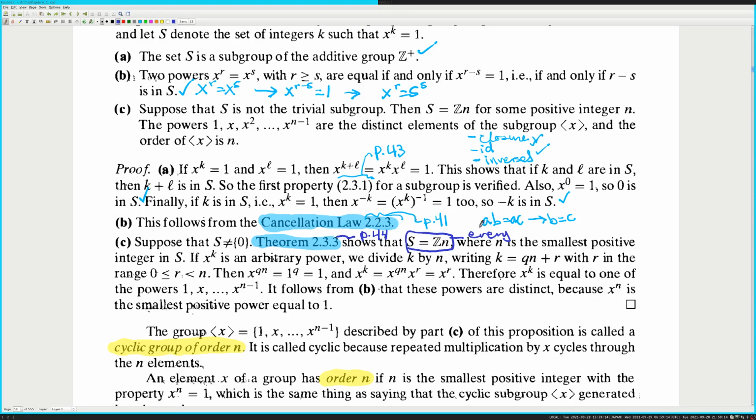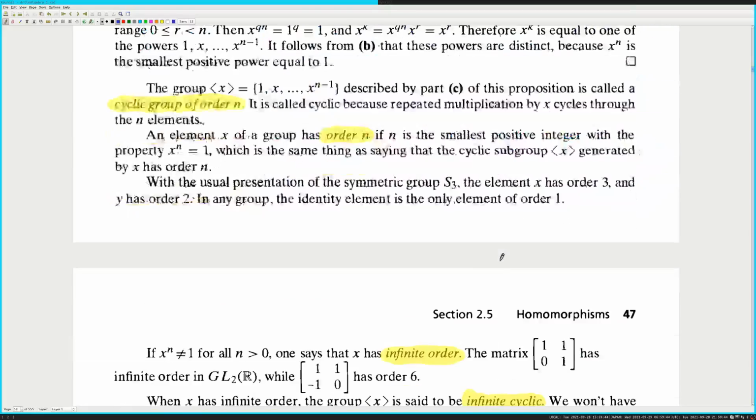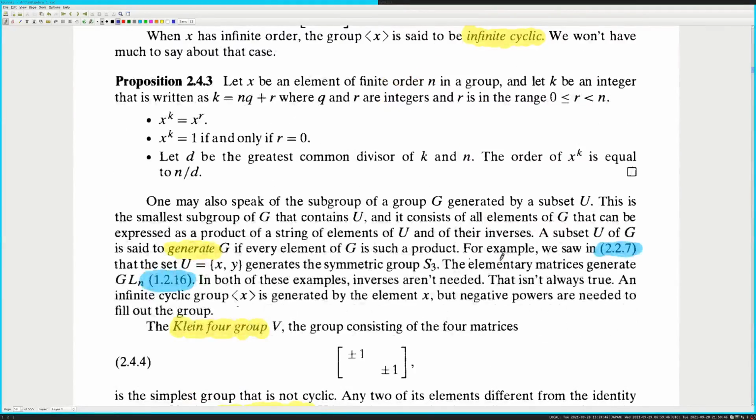Every additive subgroup of Z is one of those. That's what 2.3.3 says.